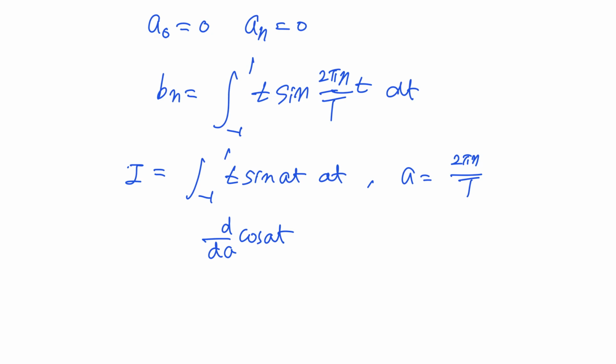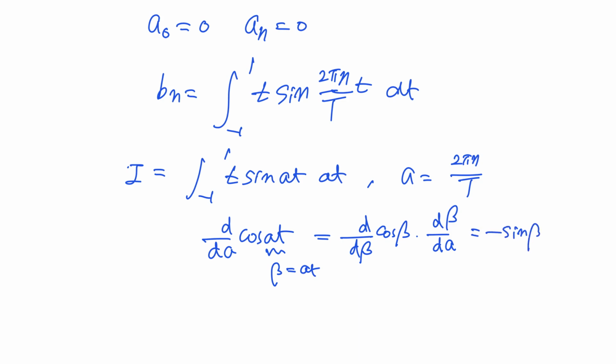So here you say this is beta. So beta is at. Then this derivative is d by d beta of cosine beta times d beta over da, right? That is your chain rule, and you have probably done it in calculus in your freshman year. So the derivative of cosine beta is minus sine beta, right? Minus sine beta and t, minus sine at times t, right?